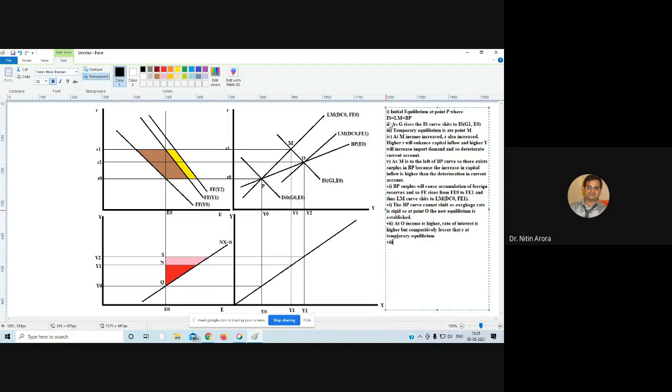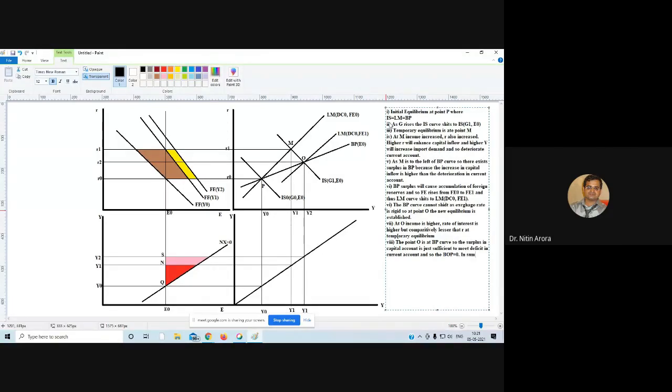Okay, the point O is on the BP curve, so the surplus in capital account is just sufficient to meet the deficit in current account, and so the BOP is balanced, that is BOP is equal to 0.